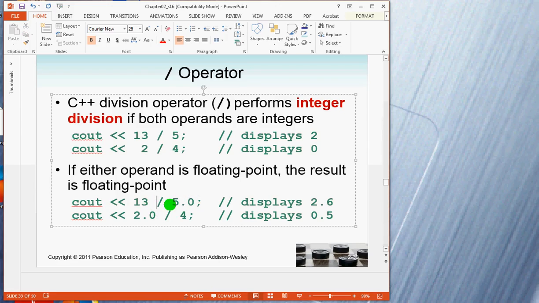So when we encounter this, we treat this 13 as if it was a decimal number or a float number, and we do the division as if everything was float. And the result there is not an integer but a float.